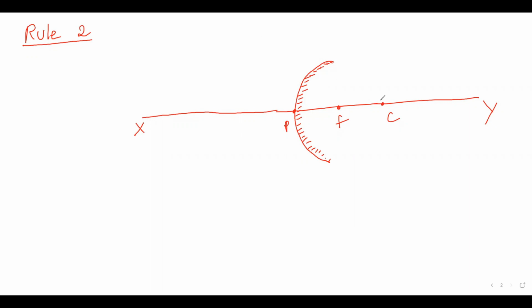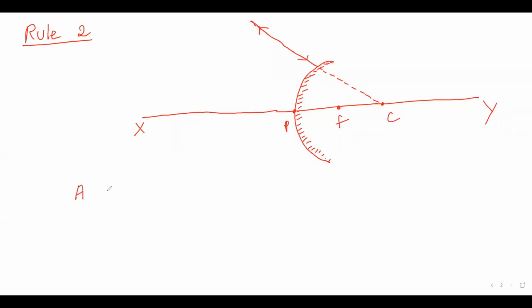Any light ray moving towards center of curvature will reflect back in the same direction. This is incident ray and this is reflected ray. It will reflect back in same direction. Let's write down the rule.